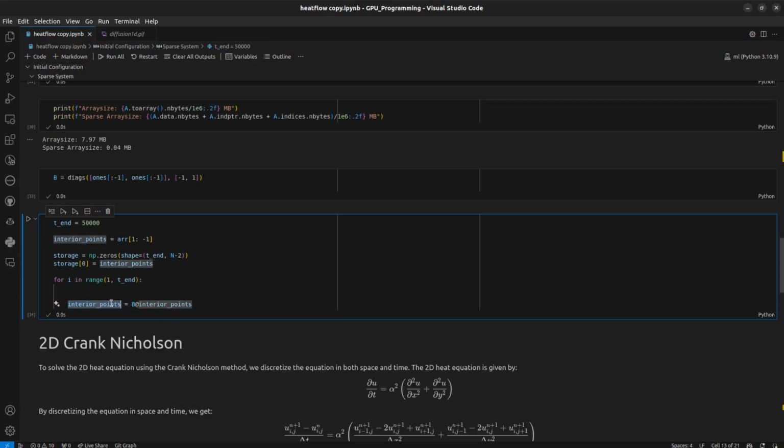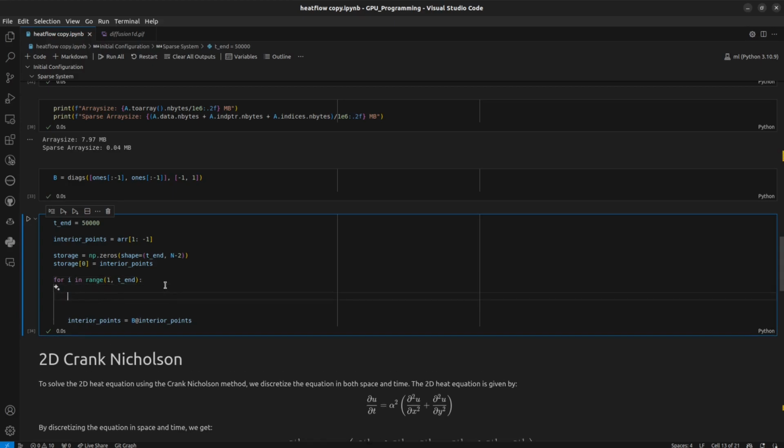And if we do that, we don't consider the boundary condition. So for boundary condition where the values at the boundary are not 0, we have to apply the boundary condition after we compute this matrix vector product. So we have to save them first.